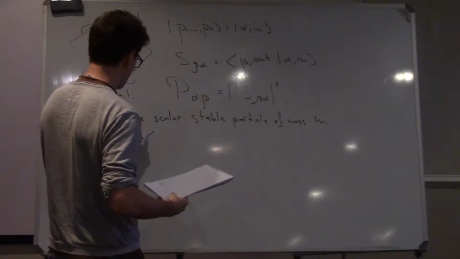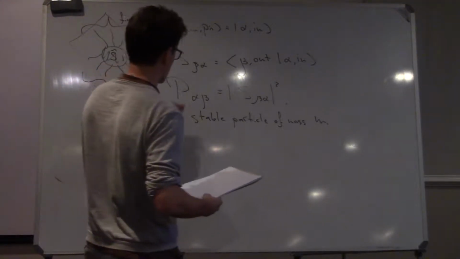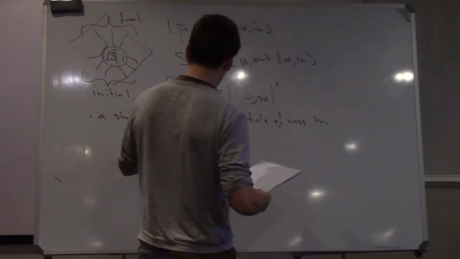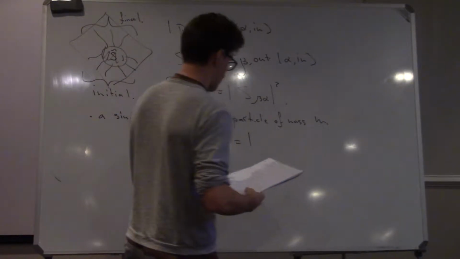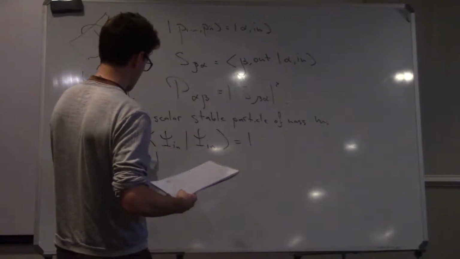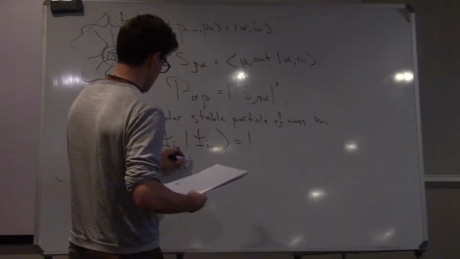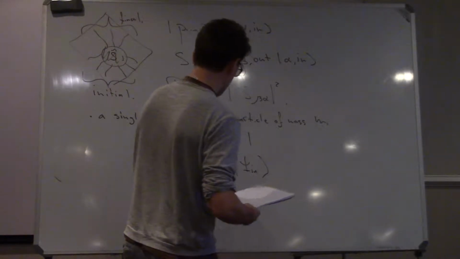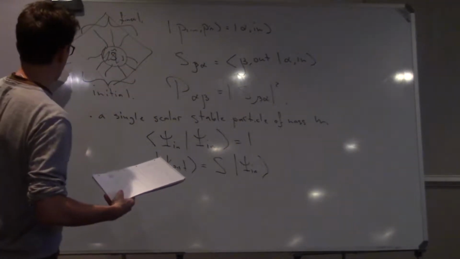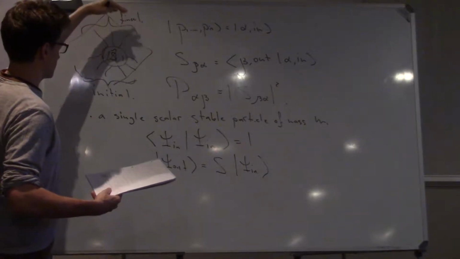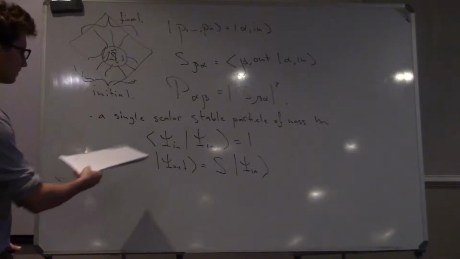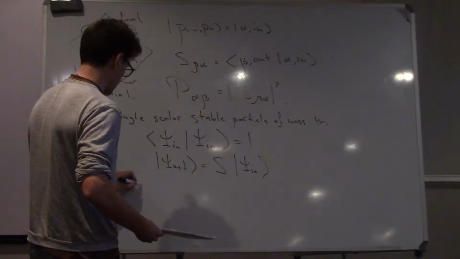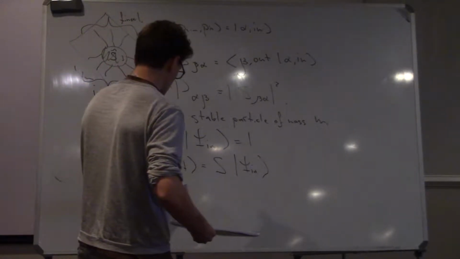Now, if you consider some normalized ingoing state, I would like to describe the properties of this S matrix operator. Because probability is conserved, if you consider the outgoing state, which you get by applying this S matrix operator to the ingoing state, so you prepare your experiment here and you do measurements in the far future, the fact that evolution preserves probability tells you that the norm of the outgoing state has to be 1.